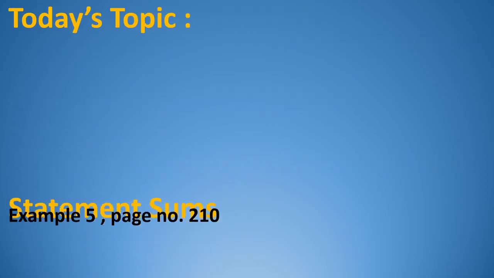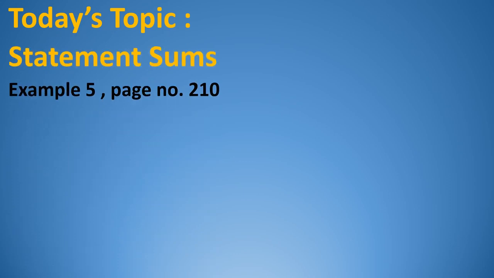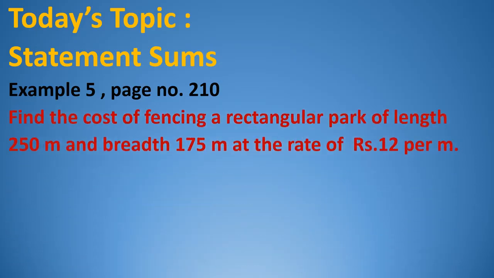Now our today's topic is statement sums. Okay, today again we will do statement sums. See example 5, page number 210. Find the cost of fencing a rectangular park of length 250 meter and breadth 175 meter at the rate of rupees 12 per meter.